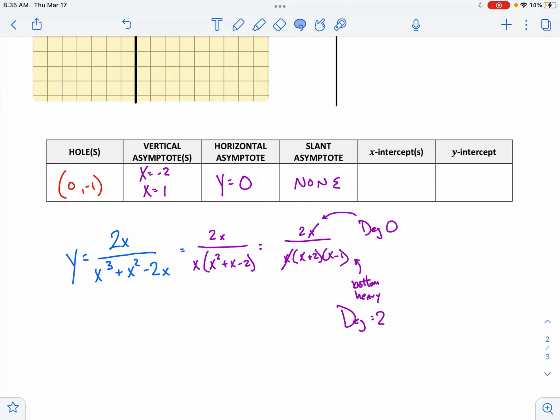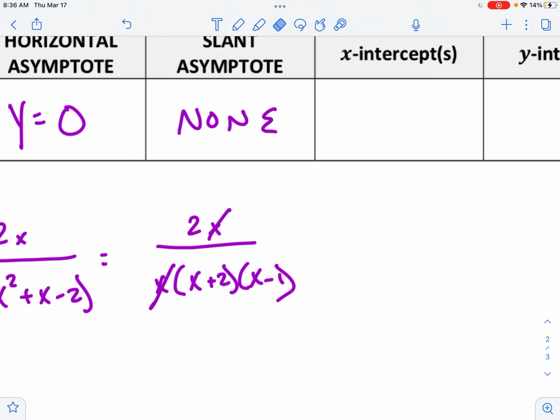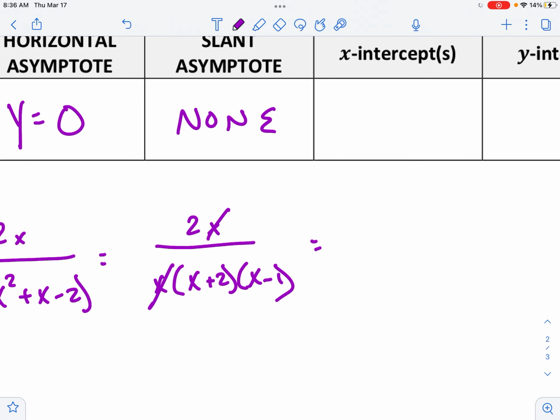And finally, for the x and y intercepts, let's go ahead and clean this up a tiny bit again. What I'm going to do is use my simplified equation. This is getting a little cluttered, so I'm going to rewrite. And what I'm going to find is that if I have an x-intercept, that means that y is 0.